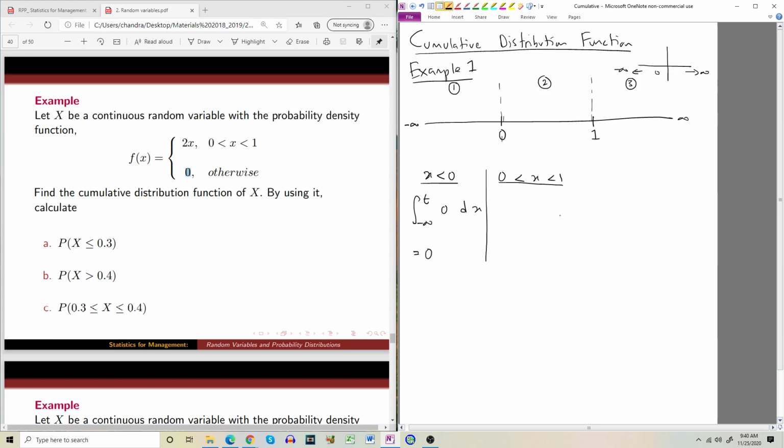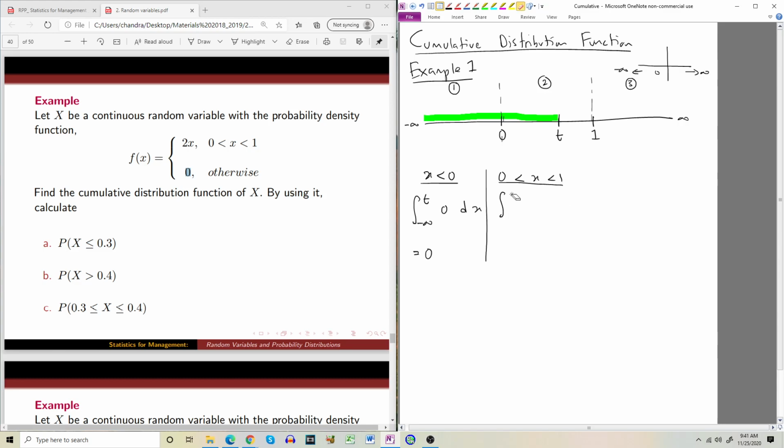We are moving to the second interval. Let's say I integrate from here, somewhere here. I stop in the second interval, where my variable is t. So from where to where do I integrate? I will integrate negative infinity to t.